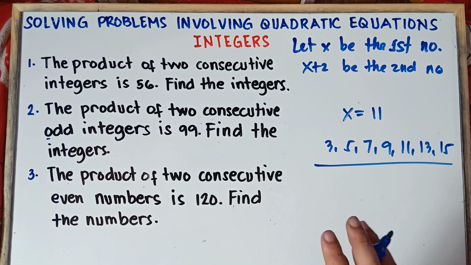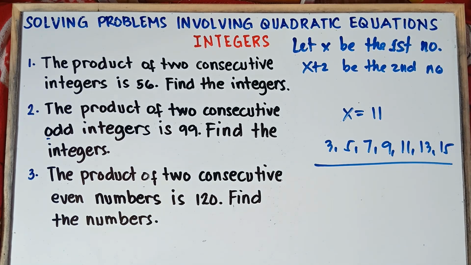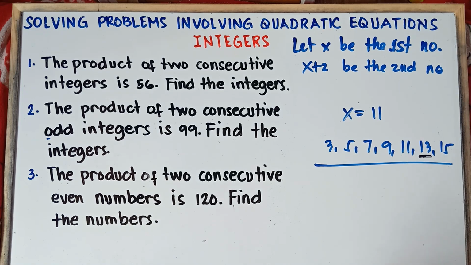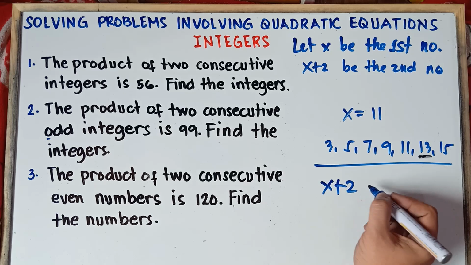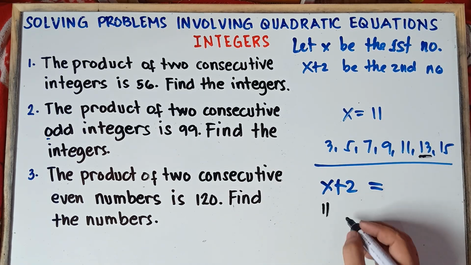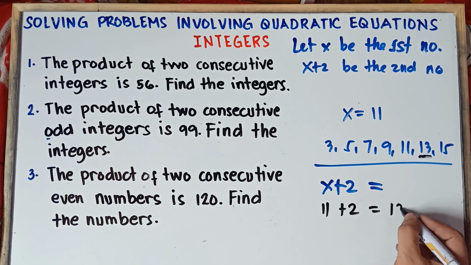These are consecutive odd integers. So the next number after 11 is 13, right? How will you get 13? Simply add 2 to 11. That would be x plus 2. Why is that, sir? Because 11 plus 2 is 13.